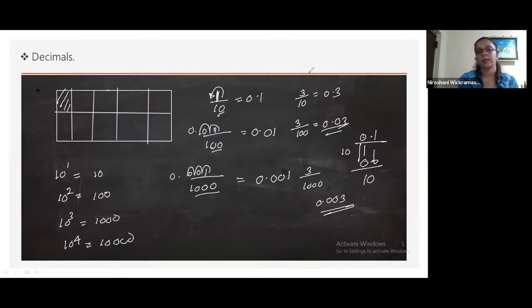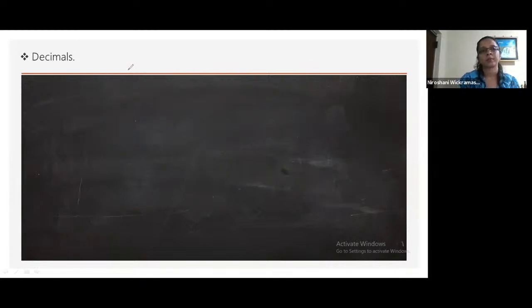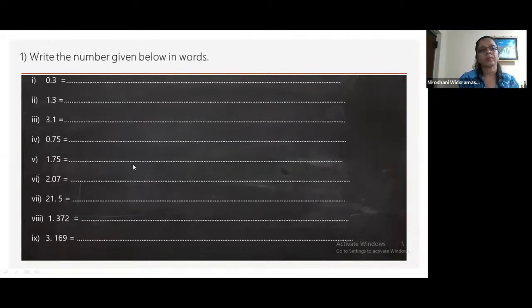Right. We'll go to the lesson now. Write the numbers given below in words. Now we have to read the decimals. So how can we read this one? 0.3.